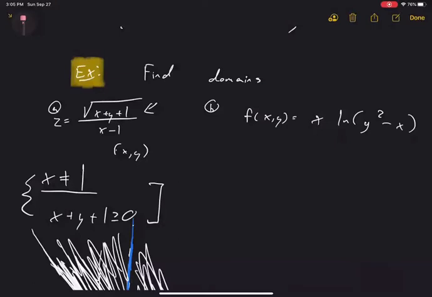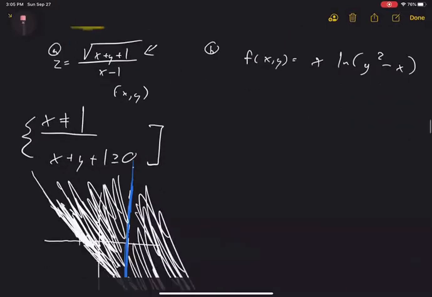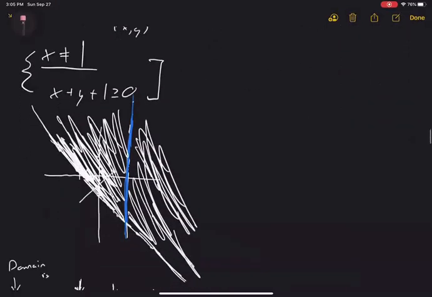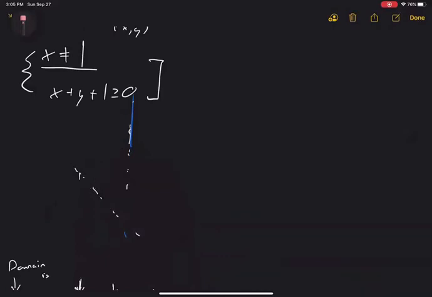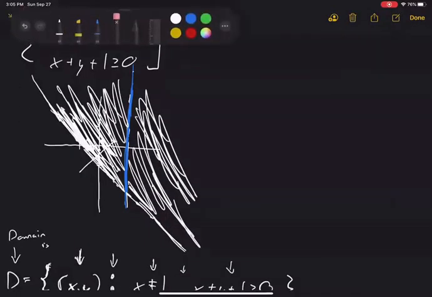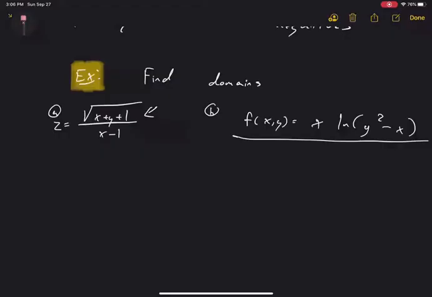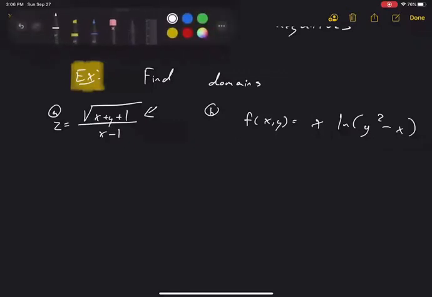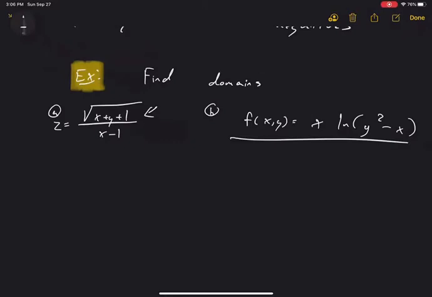All right, so let's try and find the domain of this second example, example B. Let's find the domain and range of B. What could possibly go wrong with B?